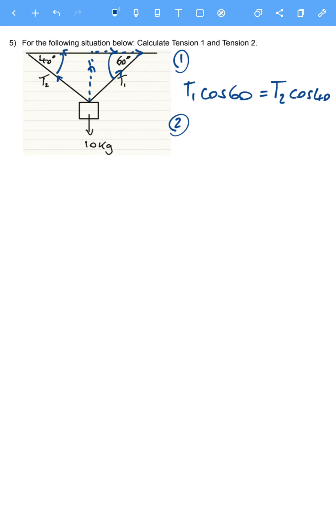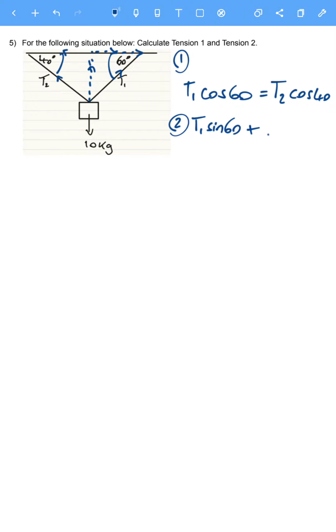So what we're going to do now is resolve vertically. So for T1, first of all, we've got T1 is opposite the 60 degree angle, so T1 sine 60. Plus we've got the vertical component of tension 2, so that would be T2 sine 40.